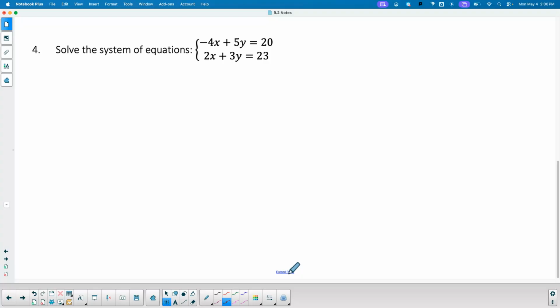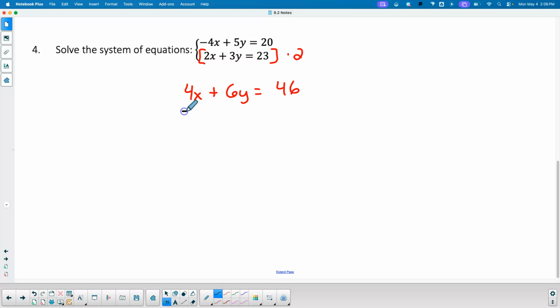What variable do we want to eliminate? X, okay? If I'm going to be eliminating X, I'm going to take this bottom equation and I'm going to multiply it by 2. So that gives me 4x plus 6y equals 46.